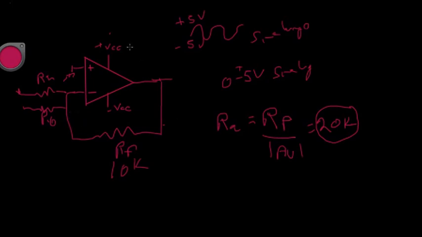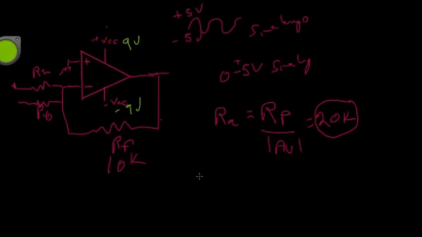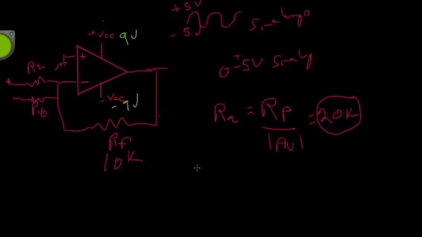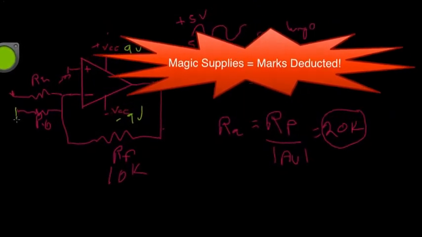It would be useful if I had some supply voltages. We'll assume that we have supplies of 9 volts and minus 9 volts available. I know that if I could simply find a 2.5 volt supply, I could apply that. I don't have a minus 2.5 volt supply because the amplifier inverts.